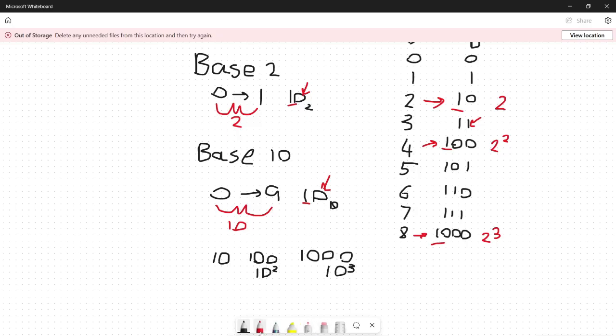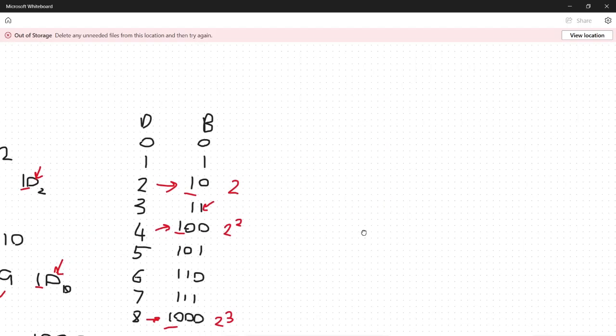But let's say we're just given a random number in binary. How do we know what it is? Let's just pick a number at random: 0 0 1 0 0 1. Well, let's take a look at our pattern again.